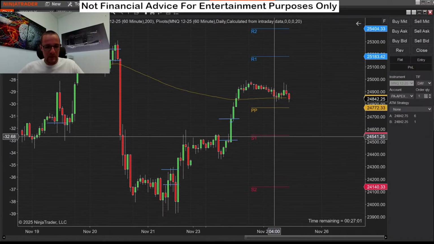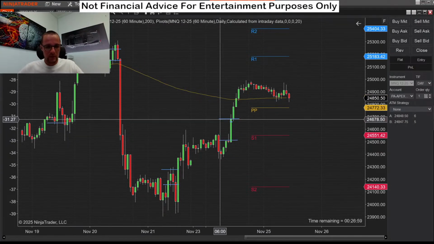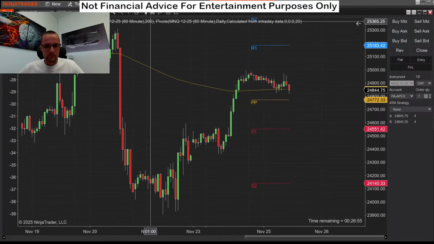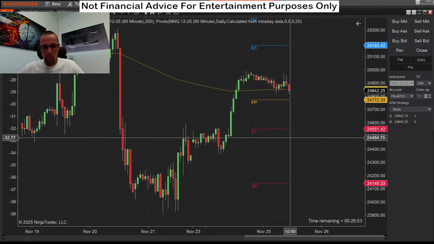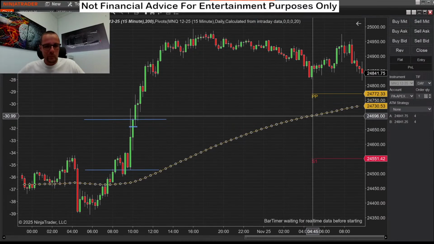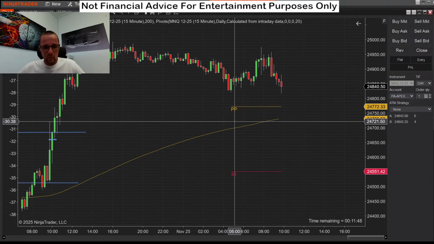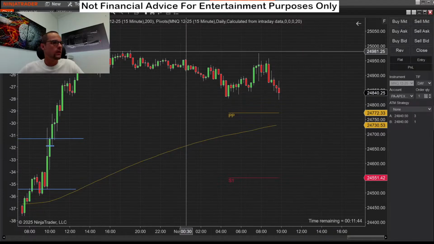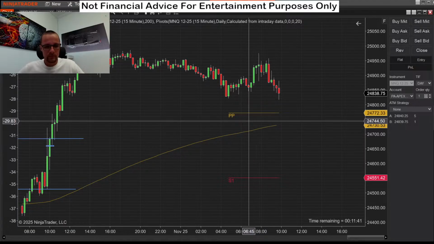Got a lot of gaps, the bullish gaps, that potentially could hold as support. Coming up to a support level, taking out pre-market lows down here.